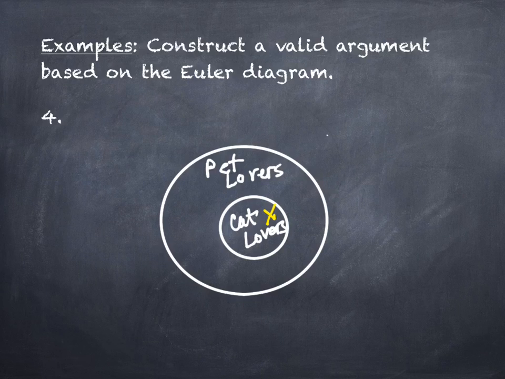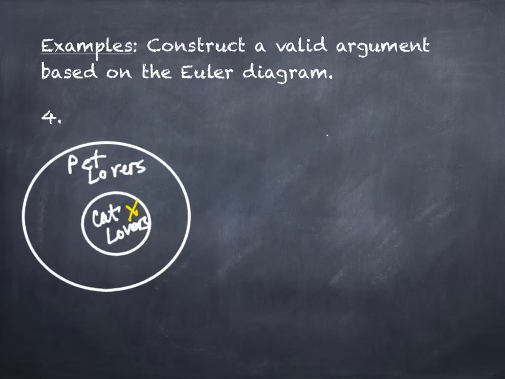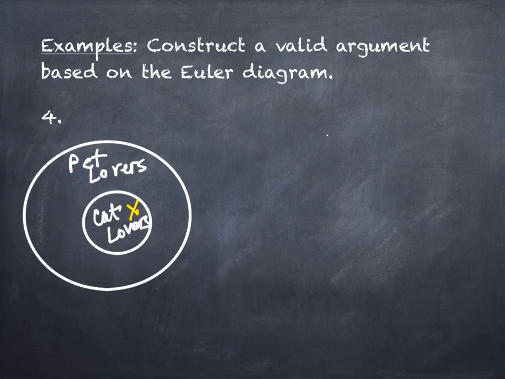So it looks something like this. What we're asked to do is construct a valid argument based on this Euler diagram.